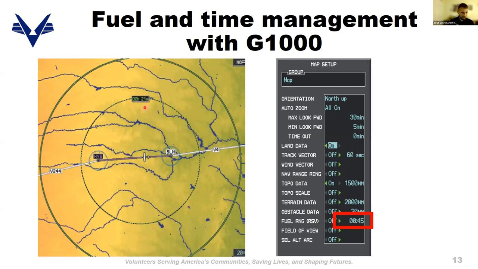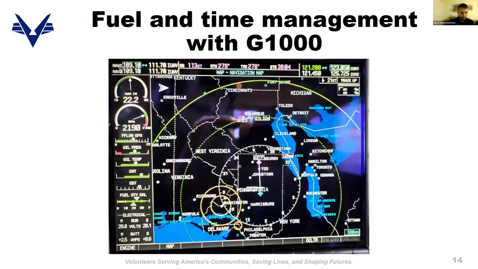For CAP operations, it should be 1 hour, and that's how it looks on a real G1000. So it's set to 1 hour. So in 1 hour, 52 minutes, this airplane will reach its 1 hour reserve, and the solid line is the absolute maximum it can go at current ground speed and fuel flow.